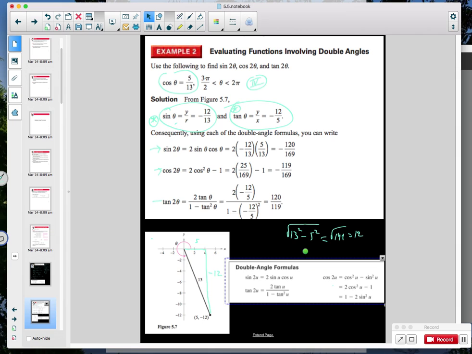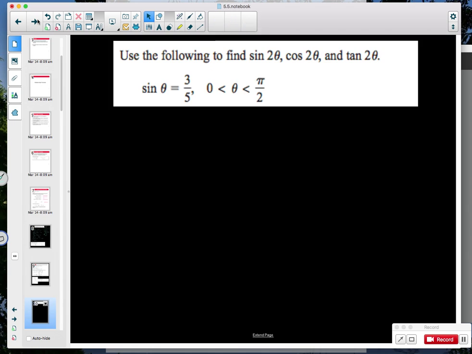And similarly, for tangent of 2 theta, you're going to use the tangent theta, the last one, which is negative 12 over 5. So twice tangent theta, so twice negative 12 over 5, over 1 minus tangent squared theta, 1 minus negative 12 over 5 squared, and you get that fraction. Are we alright with this? So it's an easy problem as long as the formulas are provided.